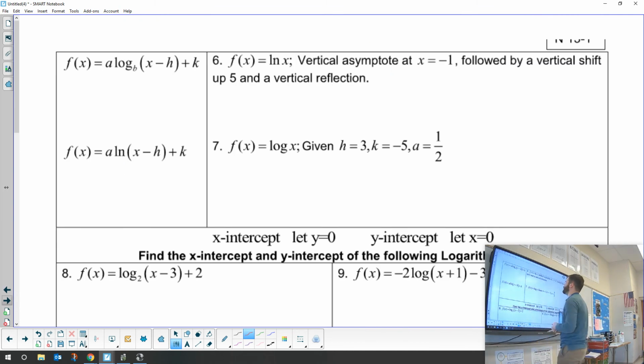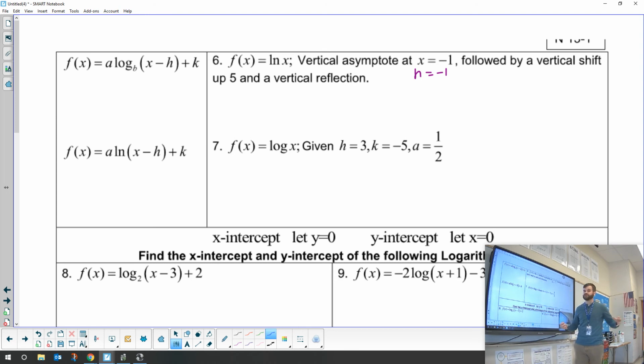So 2 more, number 6, we have a natural log of x for this one. We have a vertical asymptote at x equals -1. Well, we know that that's what my h is. We're going to have an h at -1, followed by a vertical shift up 5. So I want you to pay real close attention. Vertical shift. Shift means that we're moving my whole graph.